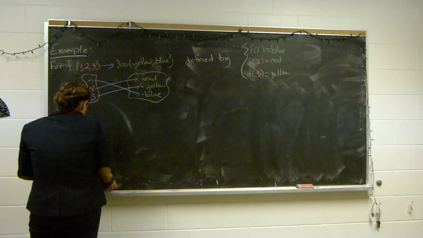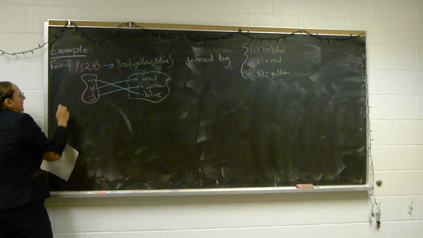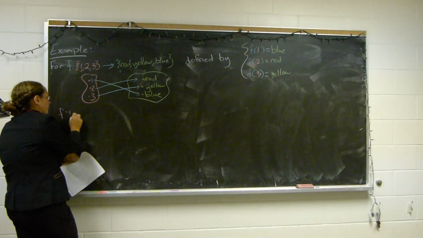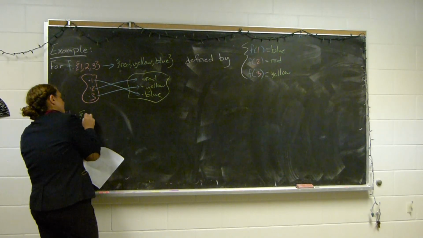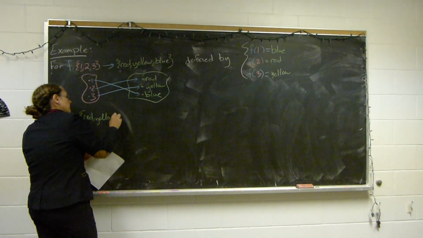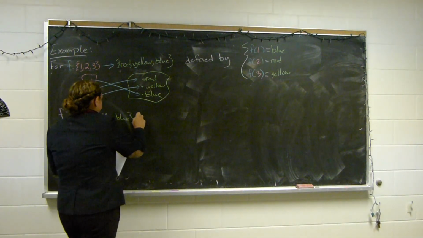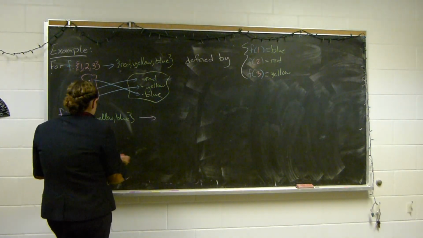Now, how do I undo this function? Well, first off, it has to start there and go here. Okay, so F inverse is going to go from red, yellow, blue back to 1, 2, 3.